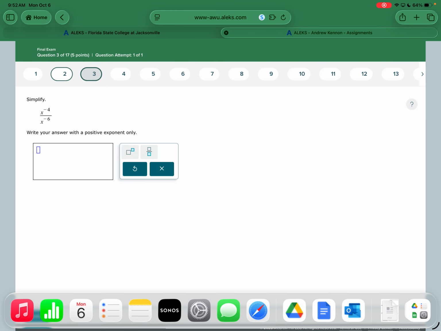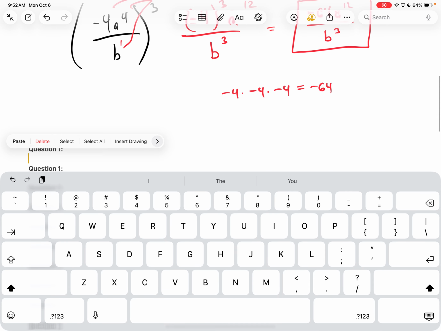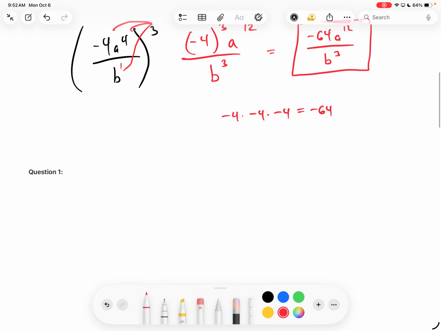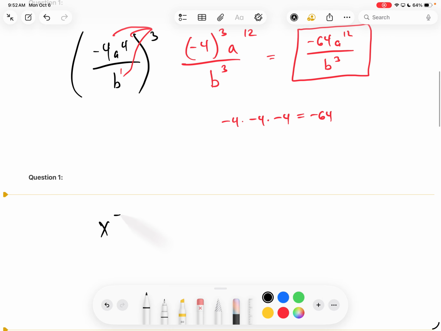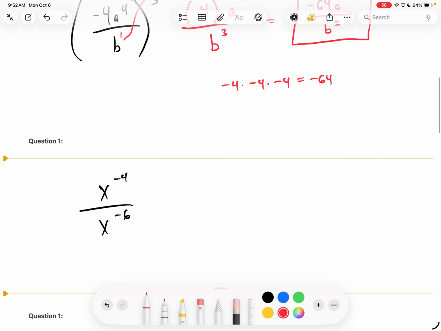X to the -4 over x to the -6. Here's the problem you were just talking about. Okay, so if you have negatives right here, to get rid of a negative, you can do this a couple different ways, but I'd always get rid of the negatives first. To get rid of this negative, I bring it down here.